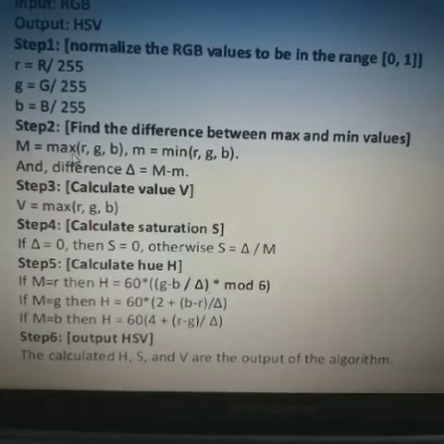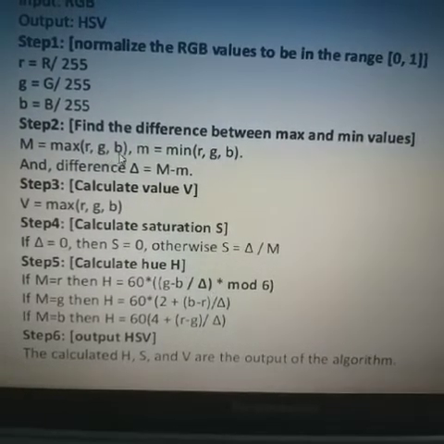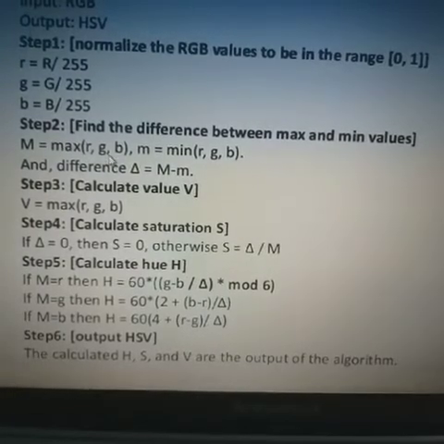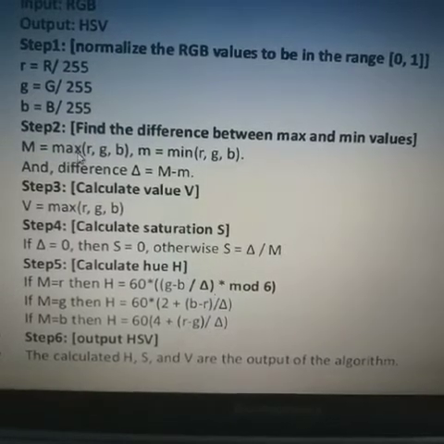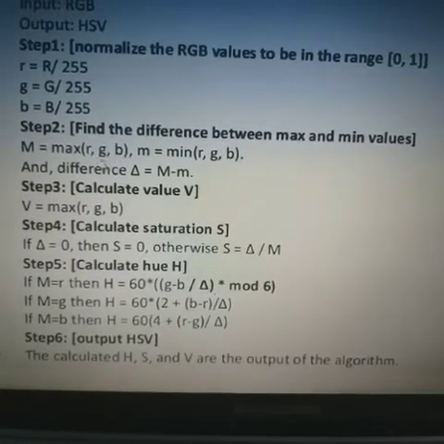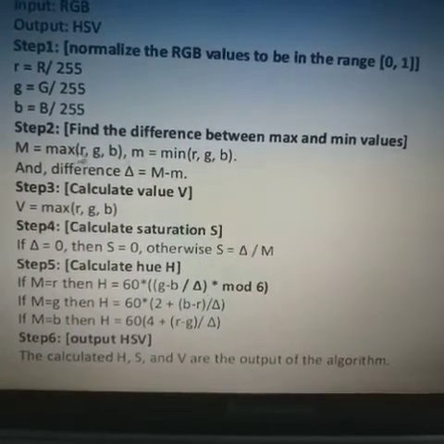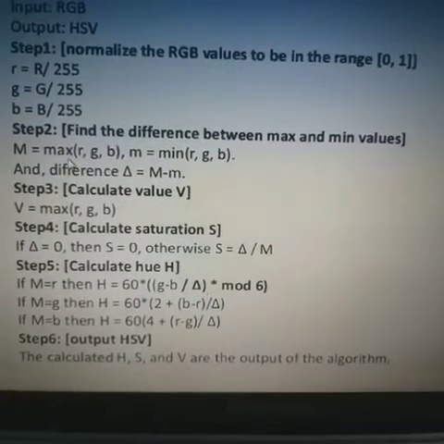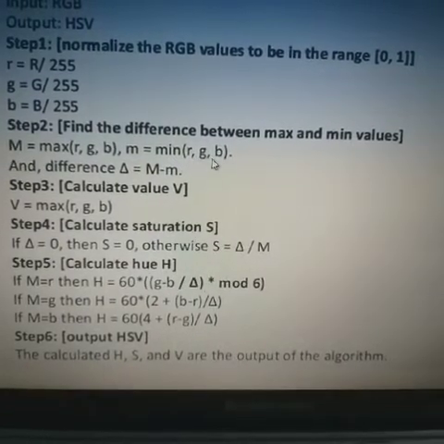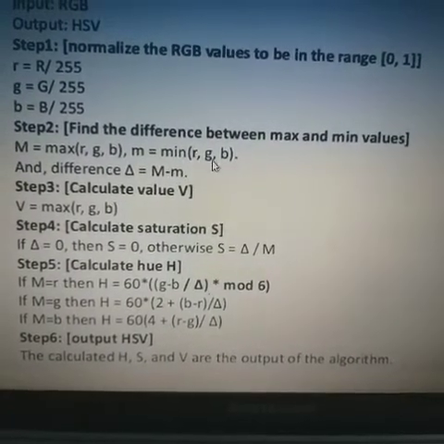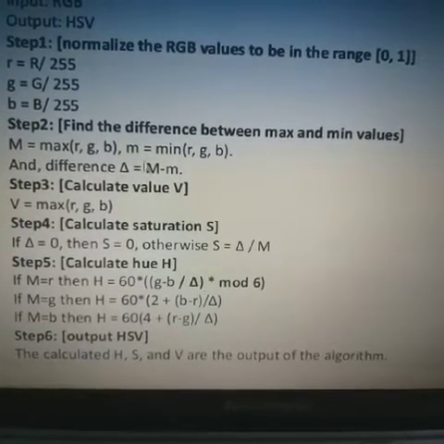We want to get the maximum value from R, G and B. Out of the three values, whichever value is maximum is the value for capital M. For example, if the values are 1, 0.5, 0.8, then the maximum value is 1, so the value of M is 1. Similarly, the minimum value is 0.5. So how do we calculate the difference?